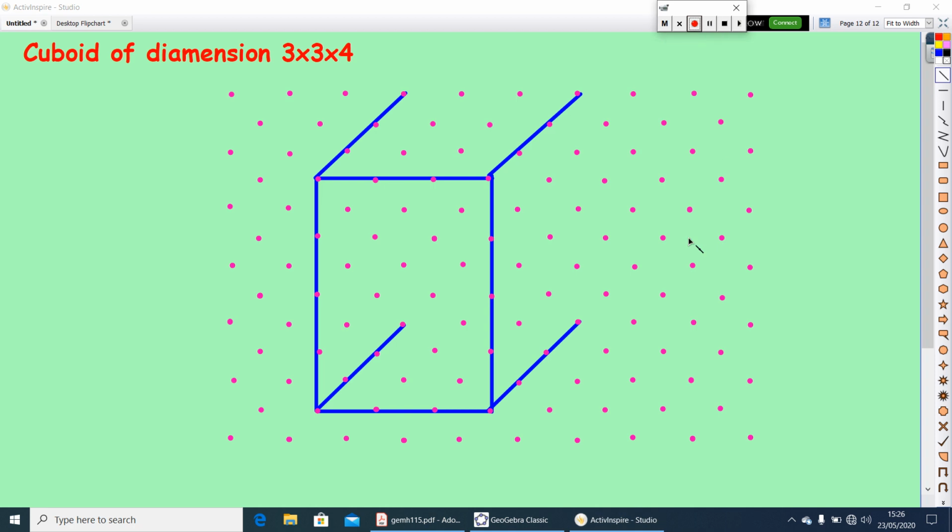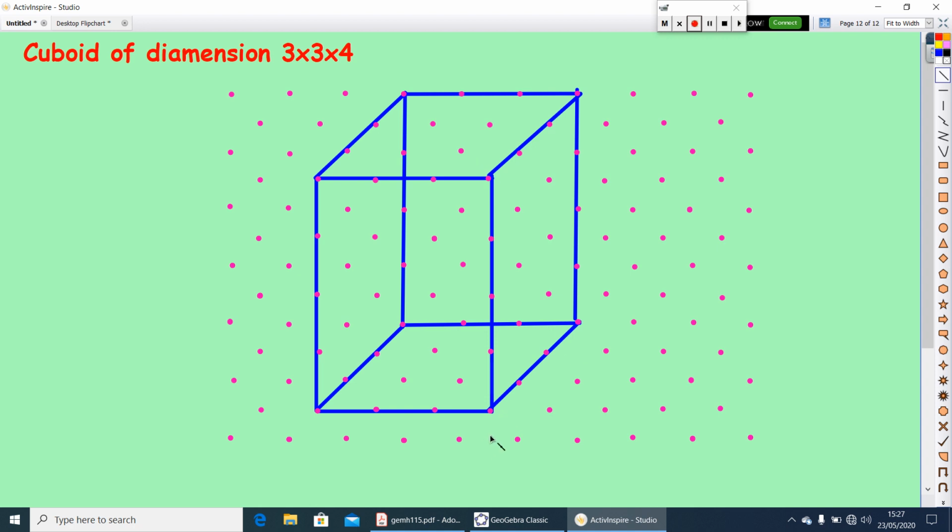Now join the endpoints. Here is a cuboid of length 3, breadth 3 and height 4.